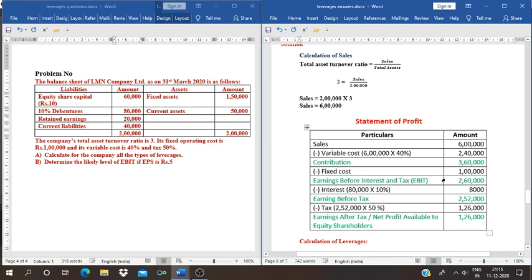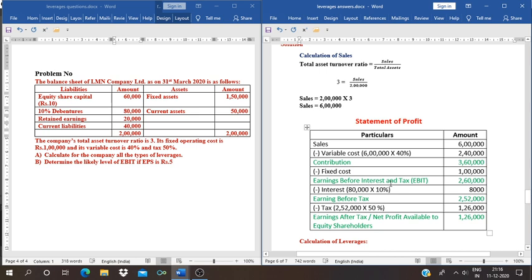Contribution minus fixed cost is EBIT, that is 3 lakh 60,000 minus 1 lakh is 2 lakh 60,000. Then minus interest. For this we have to see the debentures. Debentures amount is 80,000 and the rate of interest is 10%. 80,000 into 10% means 8,000.